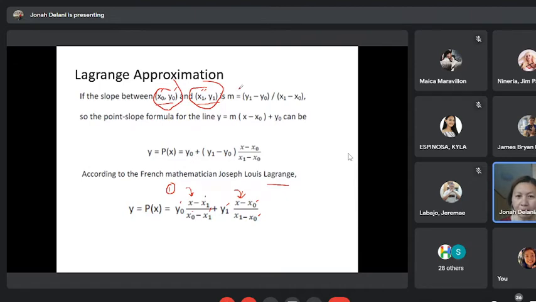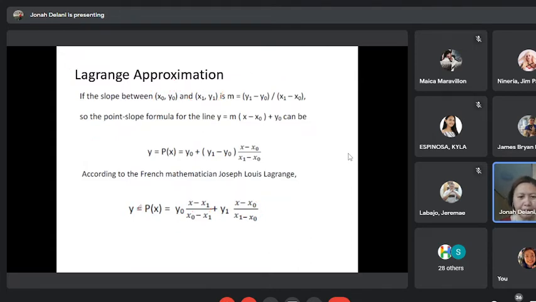If we have 3 points known, then we can generate a quadratic equation, right? If we have 4 points, we can generate a cubic equation. We call it the Lagrange approximation. Got it?